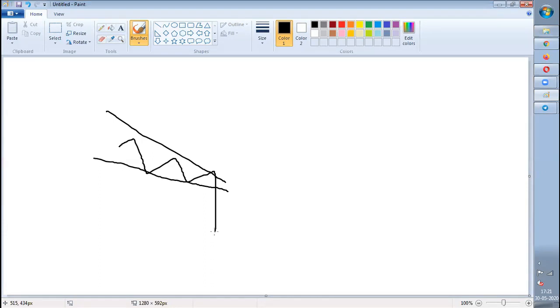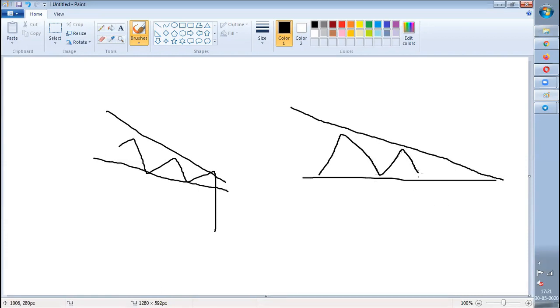No, bro. Sometimes it will not happen like this. If suppose this sort of breakout is happening, there will not be a contraction at the downside. The pattern will be like this. The contraction will be at the upper side only, and finally it may give a breakout at the downside.